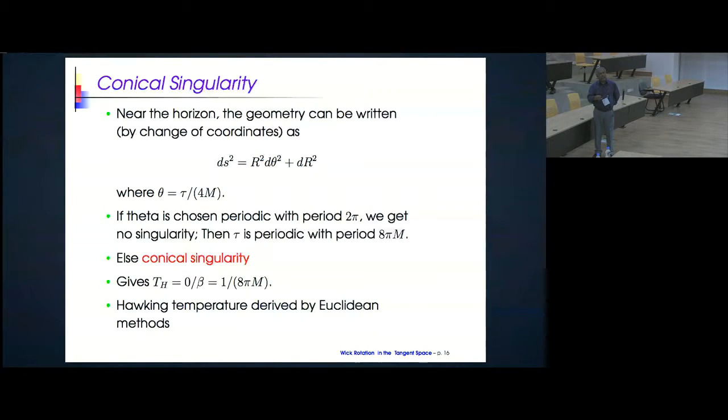Otherwise, you get a singularity. So if you want to avoid a singularity, you declare that theta is periodic with period 2 pi, or then tau is periodic with period 8 pi m. And it's very simple to note two things. One is that we take a piece of paper and fold it like this.